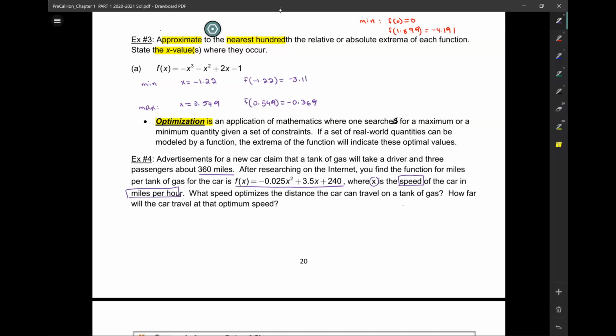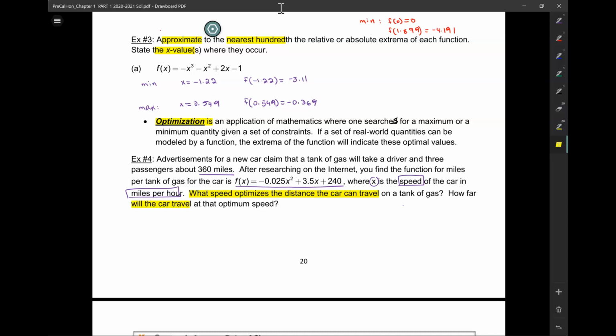And you want to know what speed optimizes the distance the car can travel on a tank of gas, and also how far will the car travel at that optimum speed.